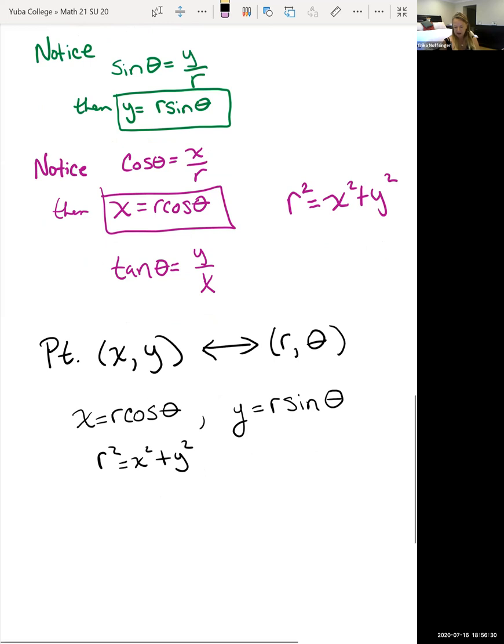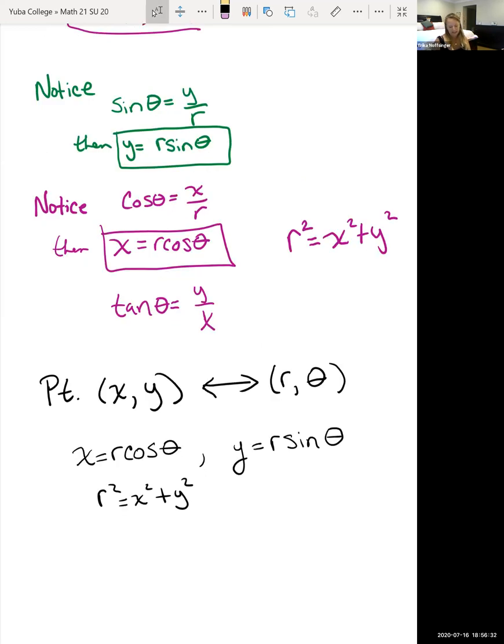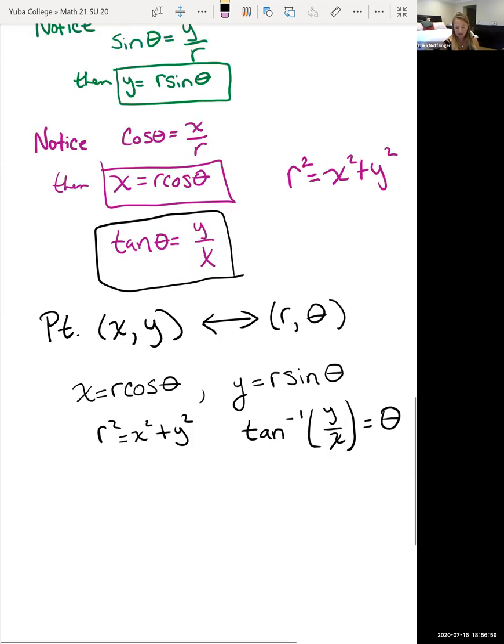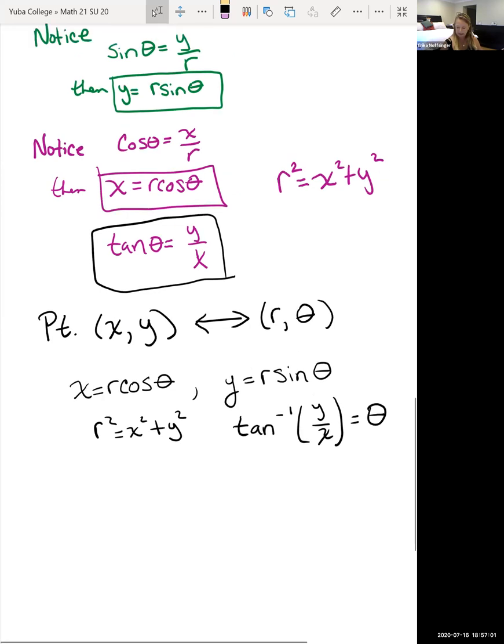If I wanted to figure out what theta is, if we know what y and x are, tangent is what uses y and x. And so I could take the tangent inverse of both sides, and I can say then tangent inverse of y over x is going to equal theta. Got to be careful where it's undefined with that y-axis.